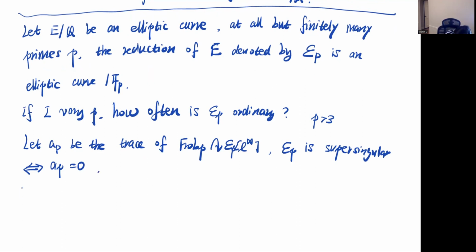We know from Hasse that the absolute value of ap is bounded by 2 times the square root of p.